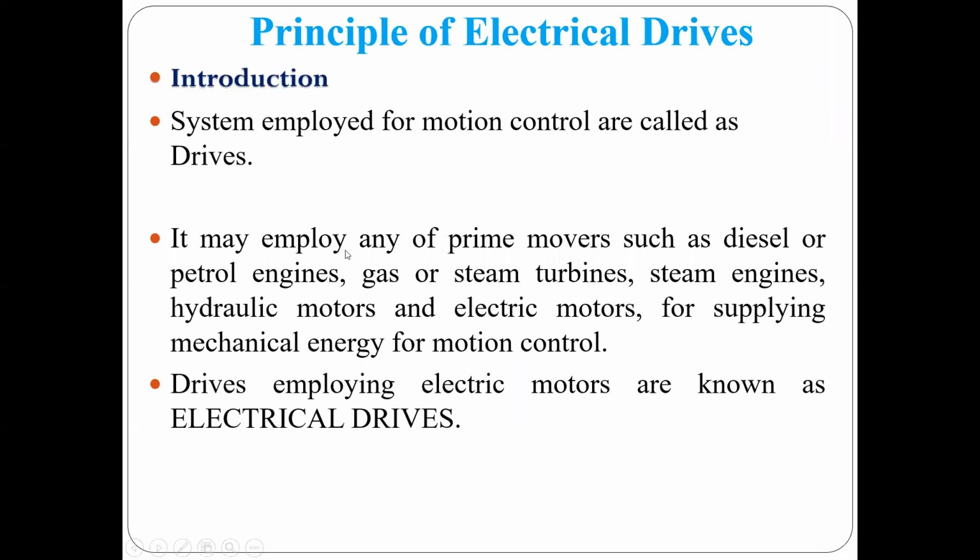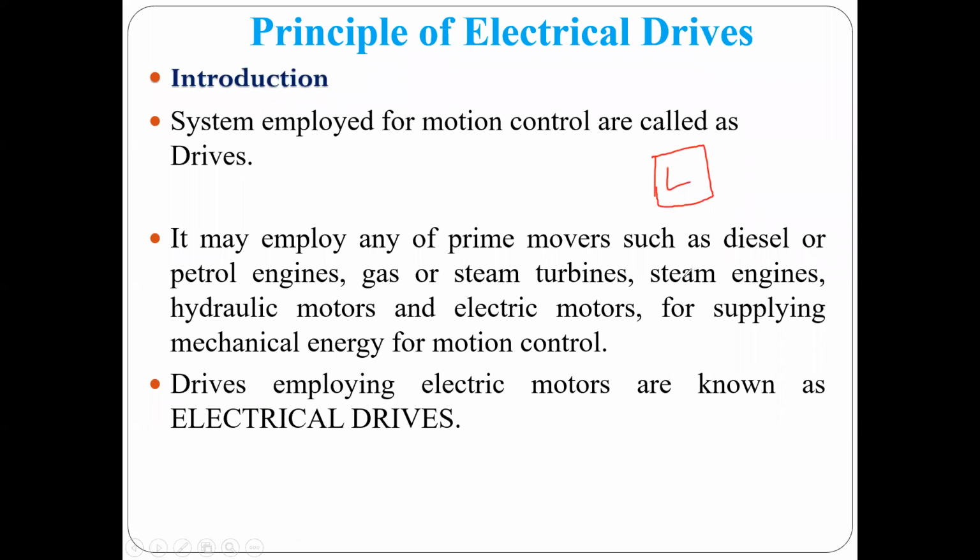See here. The system may be a prime mover such as diesel or petrol engines, gas or steam turbines, steam engines, hydraulic motors and electric motors, and so on. Means what we are saying here: this is the load.